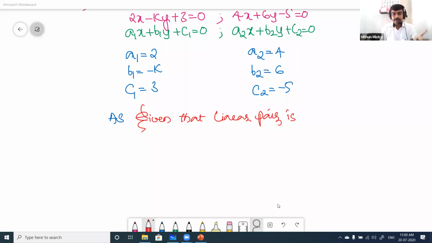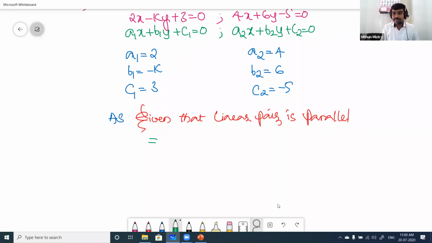If you want to write as given equations are parallel, equations plural. Linear pair is a singular collective noun. Therefore, or you can write, that implies.